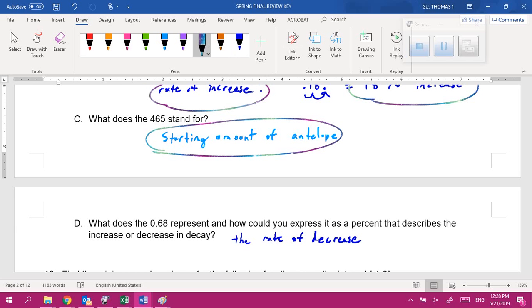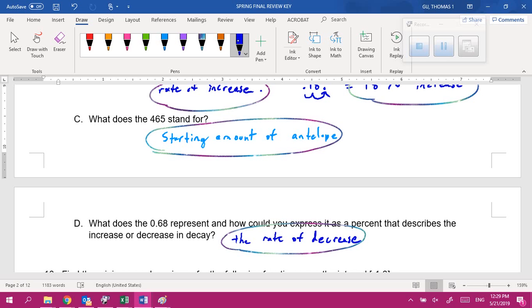It is the rate of decrease, and how can you express it as a percent that describes the increase or decrease? What would the percentage of decrease be? It's not a 68% decrease. Think about the formula. It's 32. That is right. Remember, the formula is 1 plus or minus.